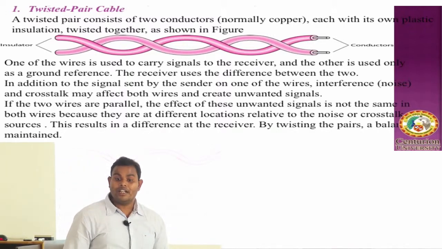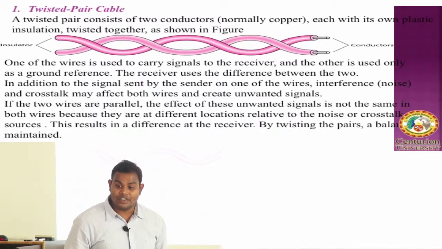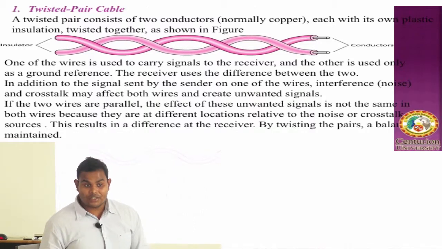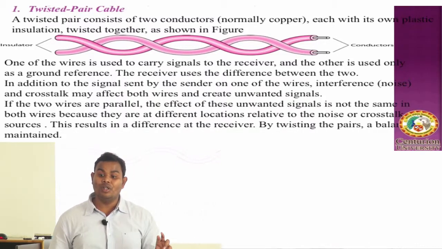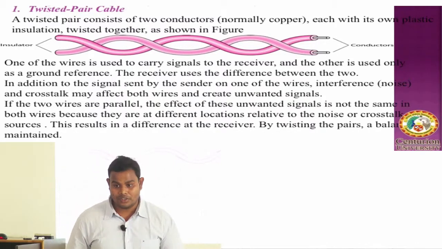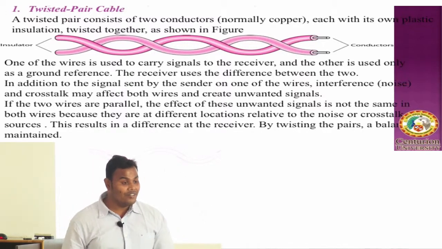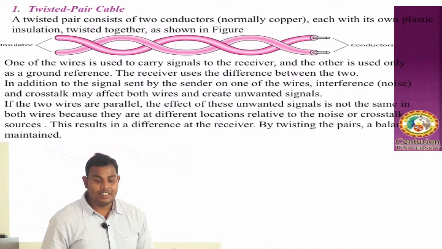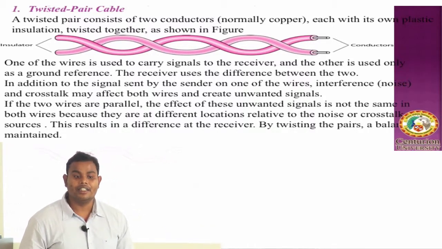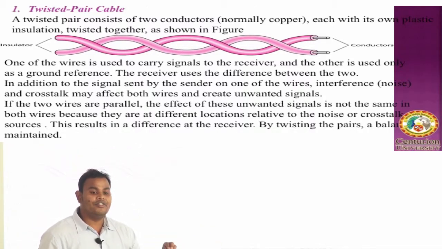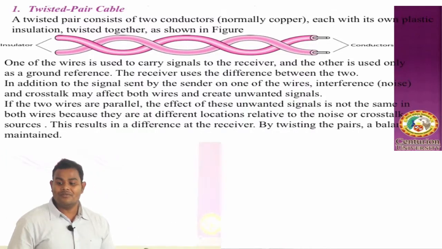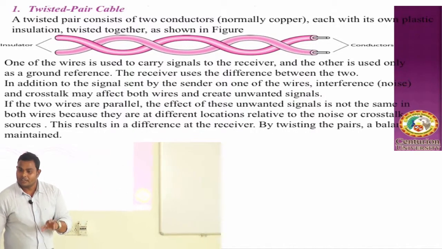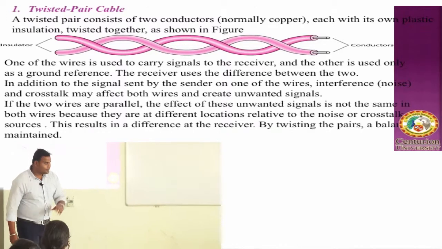How? Now, if noise is introduced to the cable, it will affect both the carrier cable as well as the protector cable, which is free. So the receiver will take the difference between the carrier cable minus the protector cable. Are you getting my point?